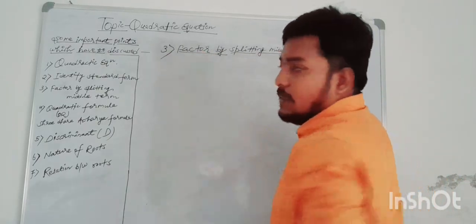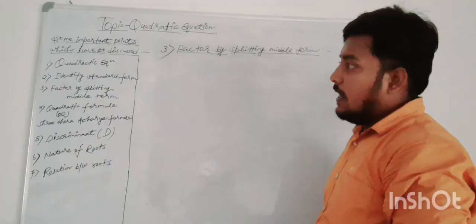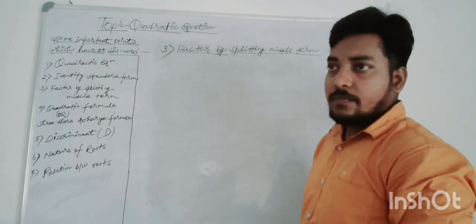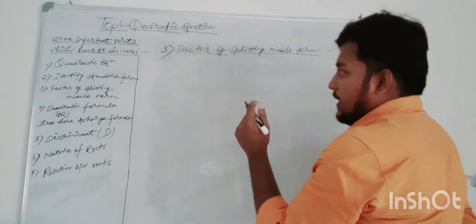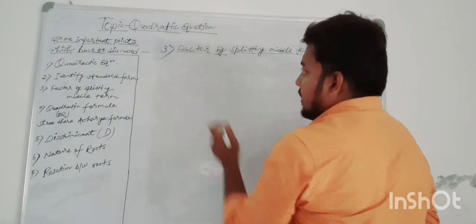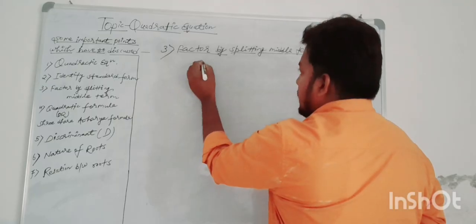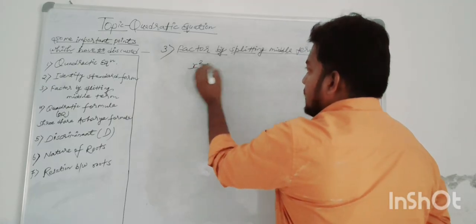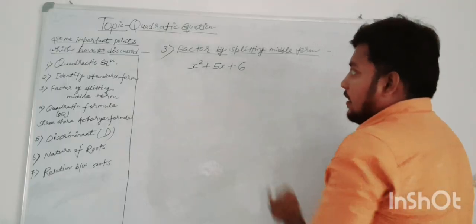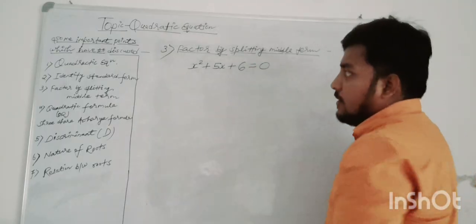So here we take an example and we discuss how to split the quadratic equation by using middle terms. So let the quadratic equation be x square plus 5x plus 6, which is equal to 0.